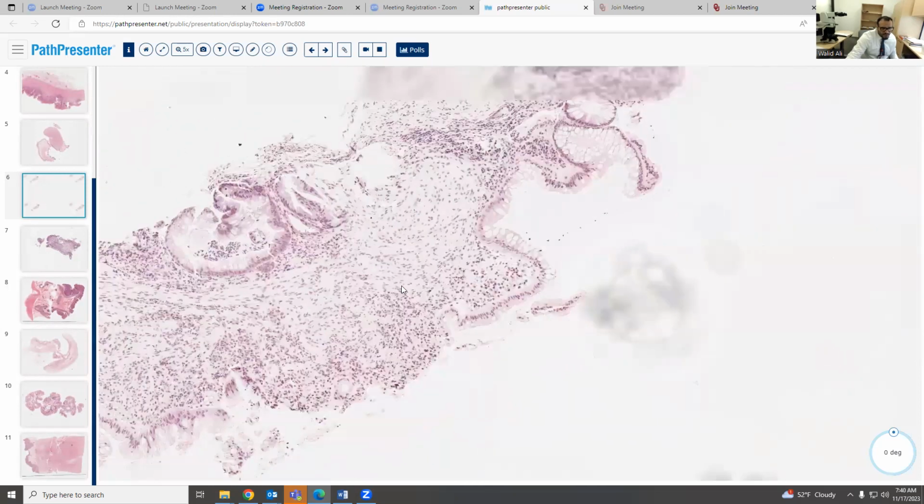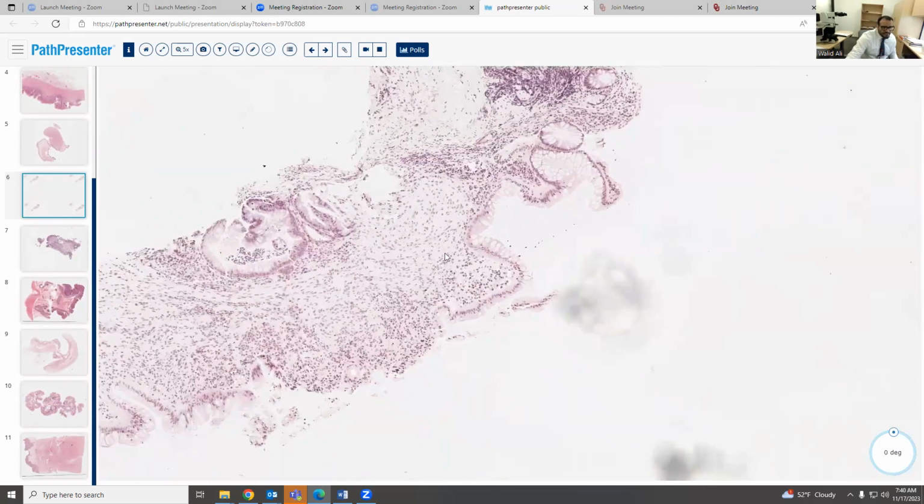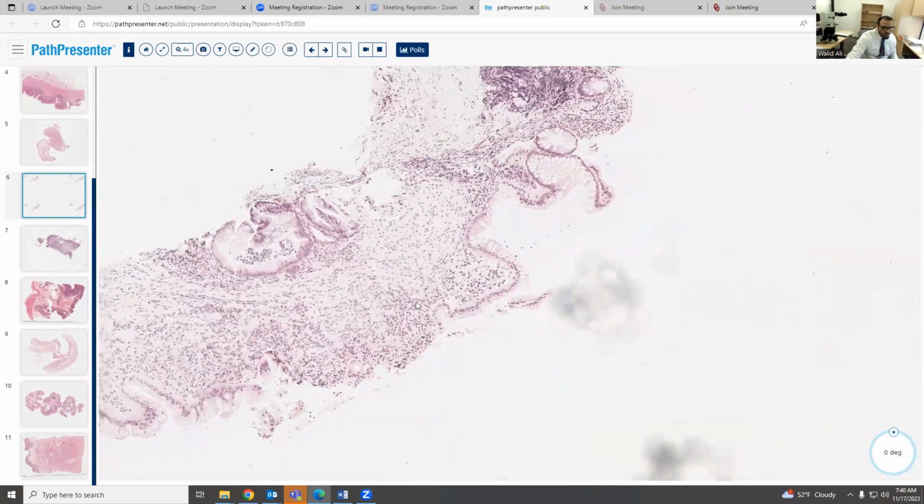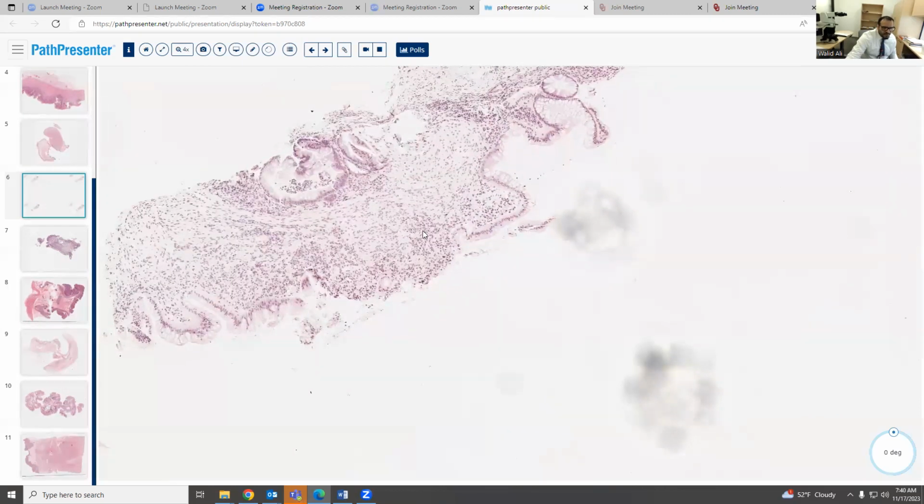And then we did S100 and it came back positive. So they call it Schwann cell hamartoma. I don't think this is schwannoma, as they call it, I think Schwann cell hamartoma more, because usually schwannoma should form a mass, but still some people call it schwannoma.